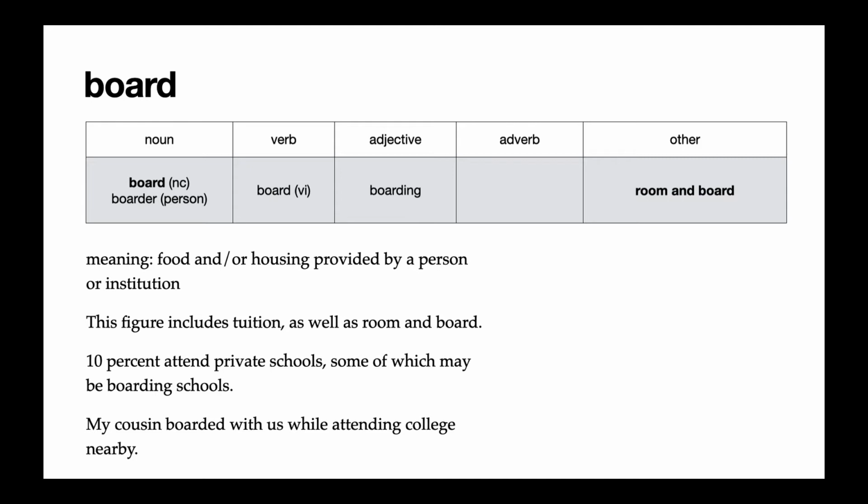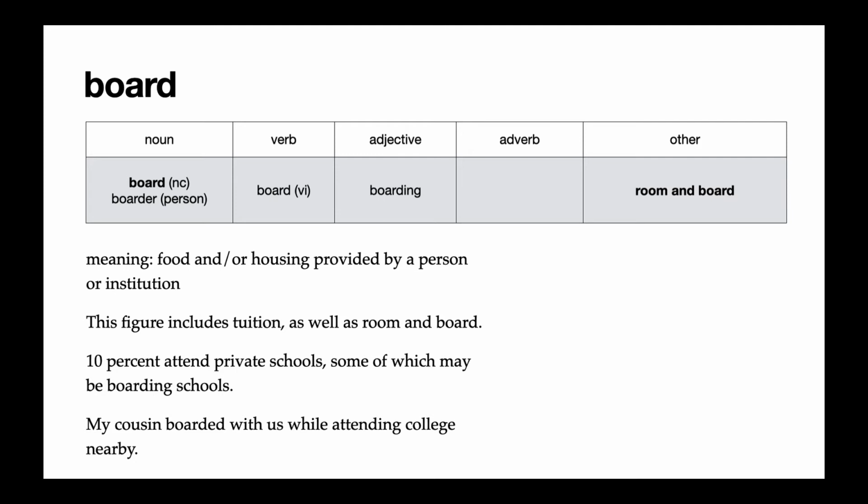So in this sentence, we were talking about school costs. And room and board is one phrase. Room and board means housing and food. But in other cases, boarding could just mean... so room and board together means room and food, but boarding itself could mean food, it could mean the house, could mean room also, and it could mean just room and not food.